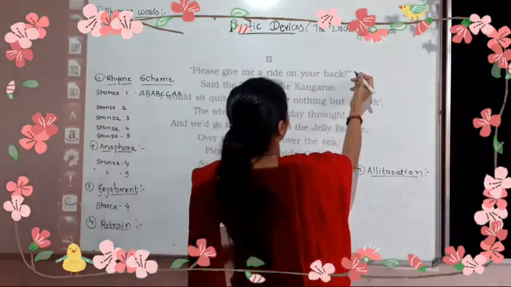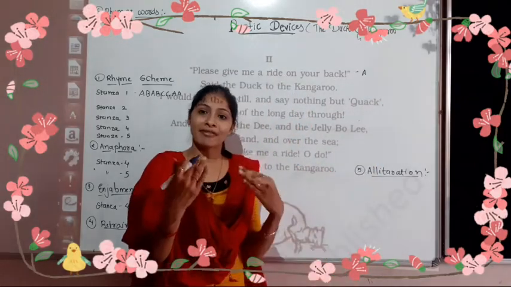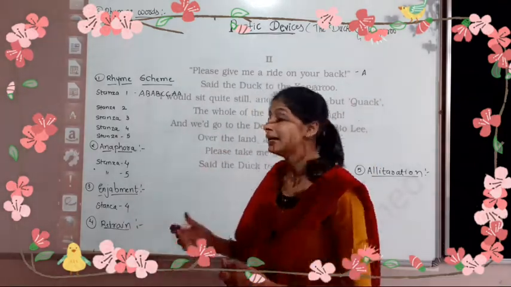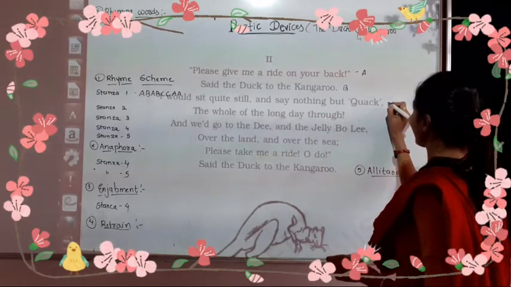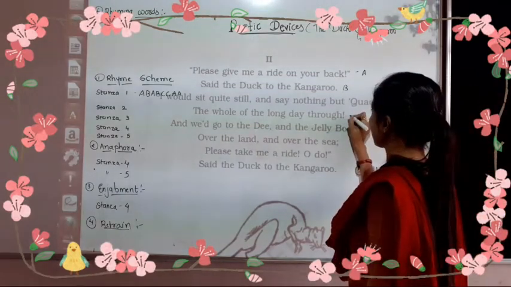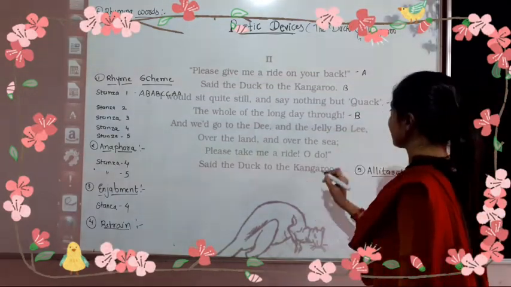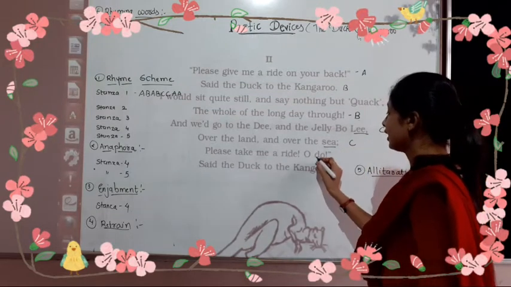See here, students, back is A, the stanza is the same, so the same alphabet will be used in the second stanza. Then C, kangaroo. B, back and quack, again the same pronunciation, so A will come. True and kangaroo have the same pronunciation, so B will come. Lee and C have the same pronunciation, so C will come in both.